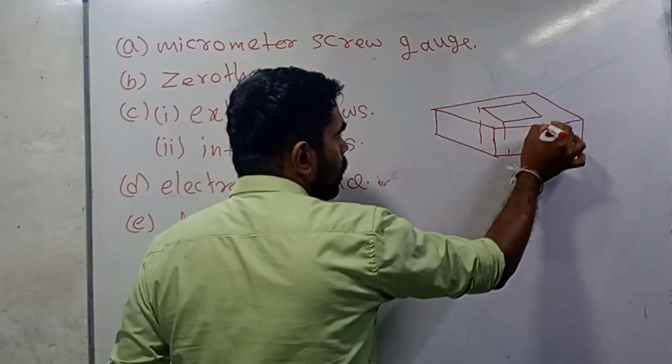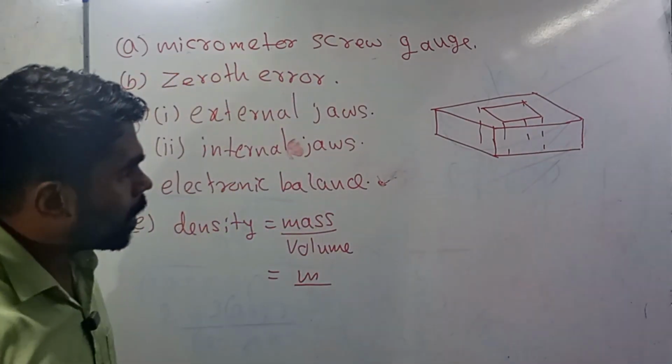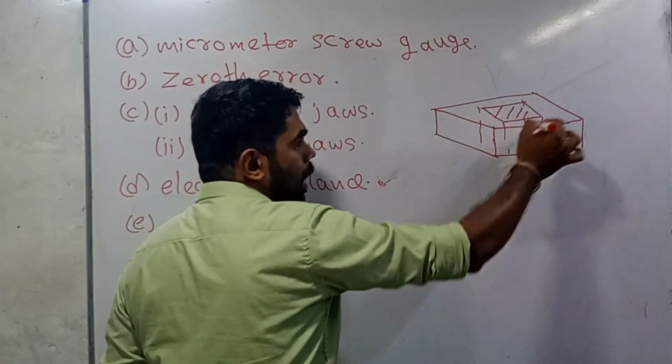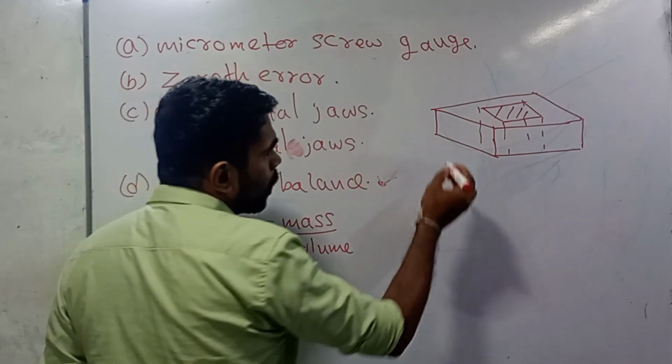Therefore, we can subtract this smaller cuboid from the larger cuboid. We can get the volume of the larger cuboid.